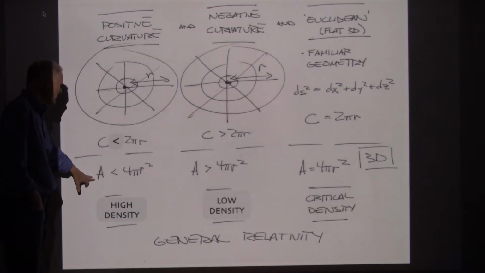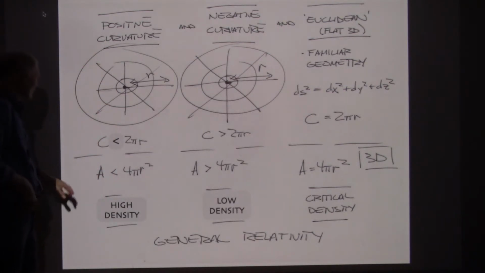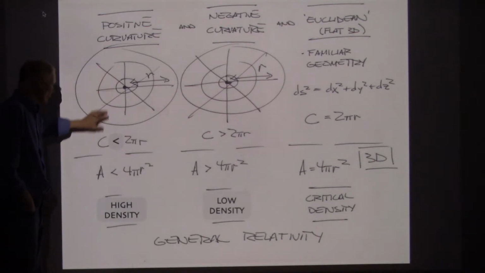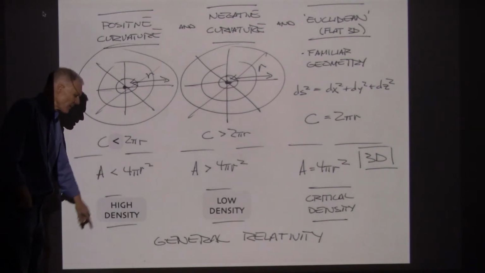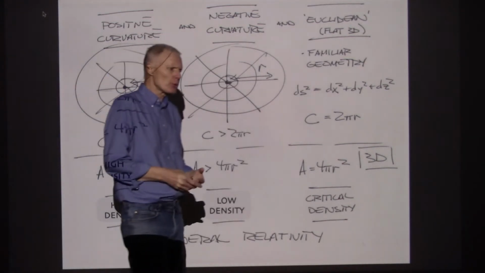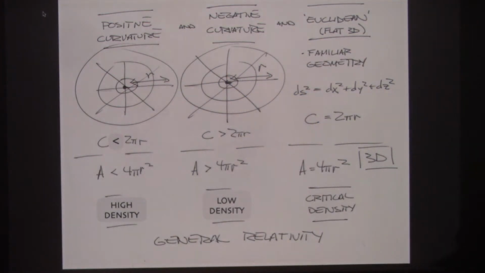Now, if we're thinking 3-dimensionally, then we would have to think of spherical surface areas. If it's positively curved, the spherical surfaces would be less than 4 pi r squared. And that would indicate that the overall density of the universe is higher than what general relativity tells us is kind of a critical density.